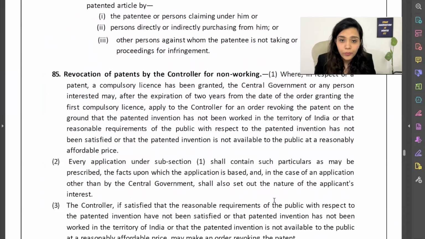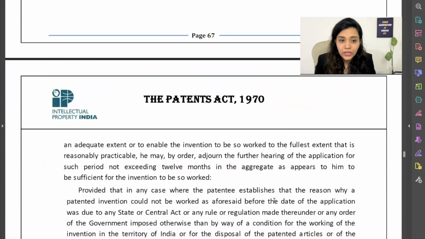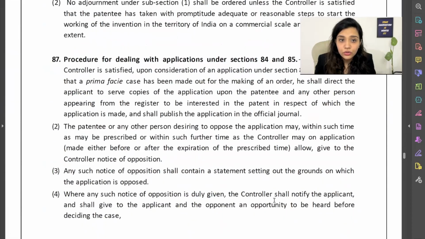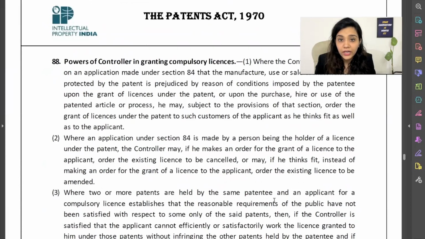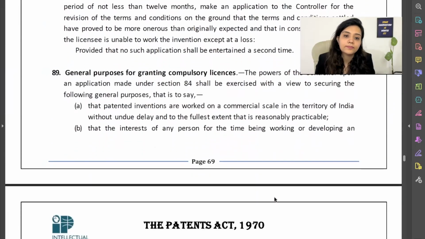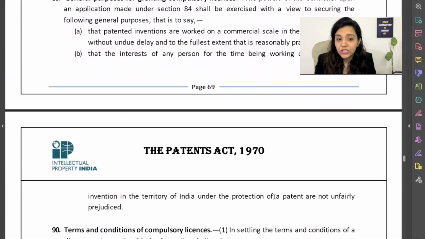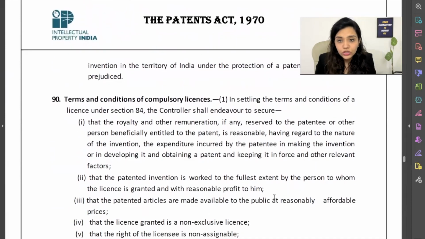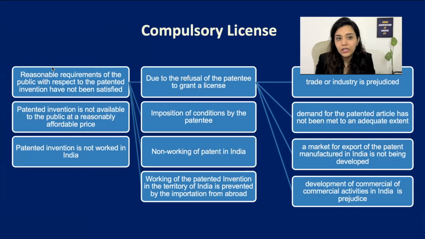So these are important elements of compulsory license, and you should read these provisions at least once, because a subjective question can come. The most important elements in compulsory license are these three: reasonable requirements of public are not being met, patented invention is not available to public at a reasonably affordable price, and patented invention is not worked in India.